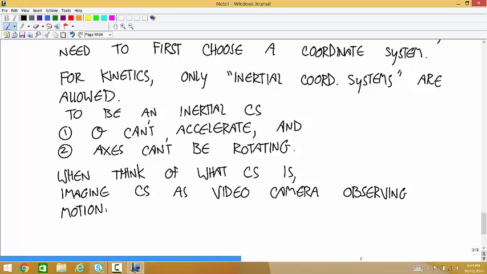So what this is saying is, if you're going to do kinetics, you can't use calculations that come from a video camera that's accelerating or rotating. The video camera can be moving with a constant velocity, but it can't have any acceleration and it can't rotate. And I think this gives you kind of an intuitive idea of what happens if the coordinate system is non-inertial.